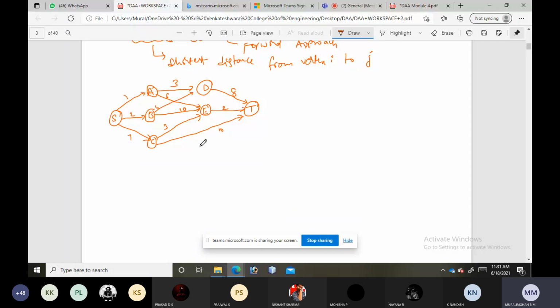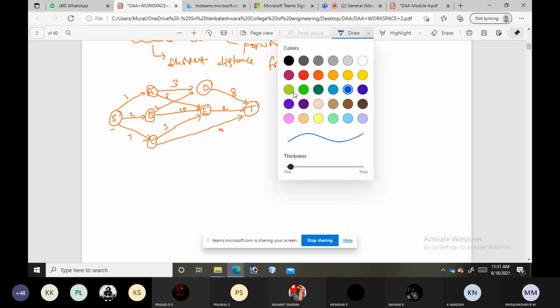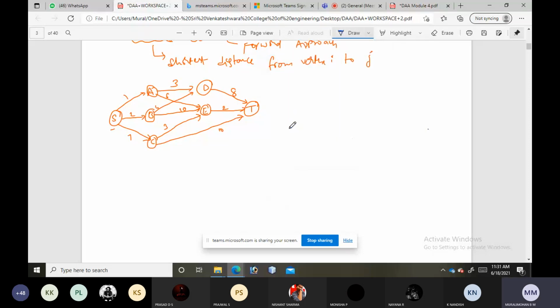So our goal is to find the shortest distance from source to destination now. Let us take source as S and destination as T. Now we should find the shortest distance from S to T. Here multi-stage, you can observe just here.